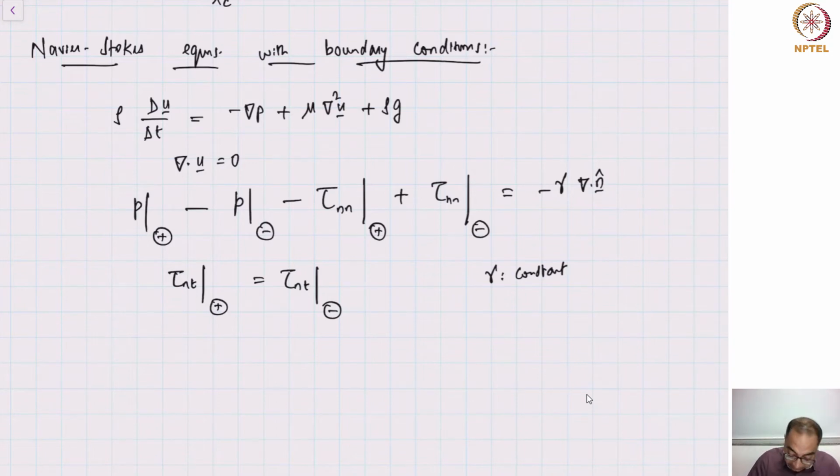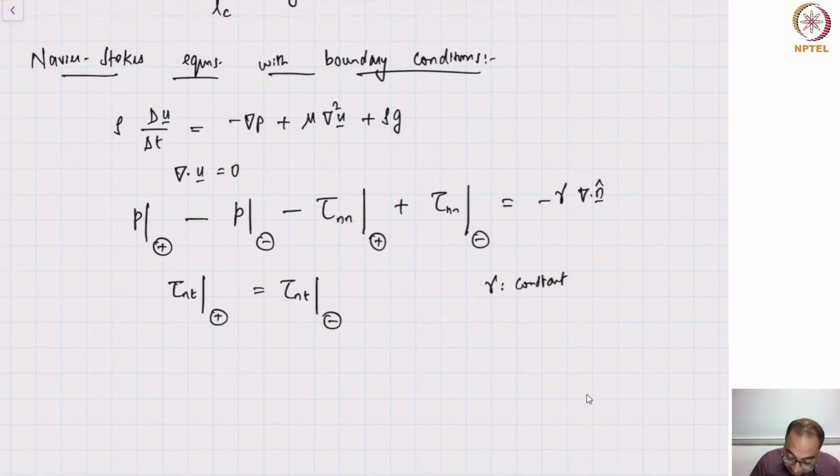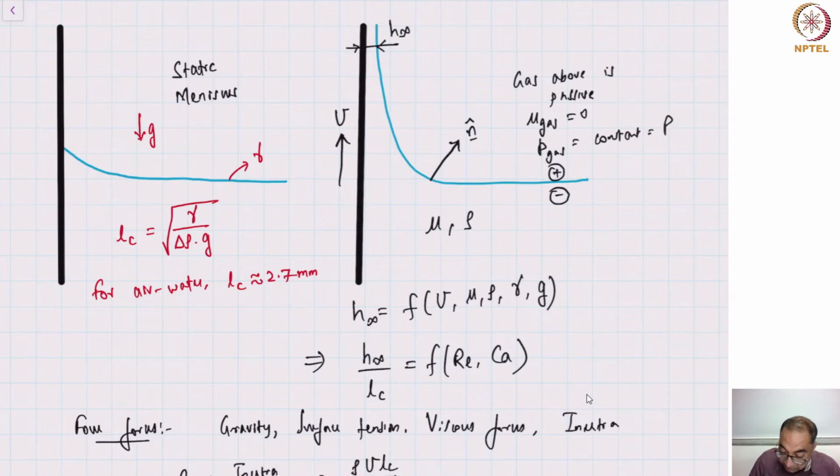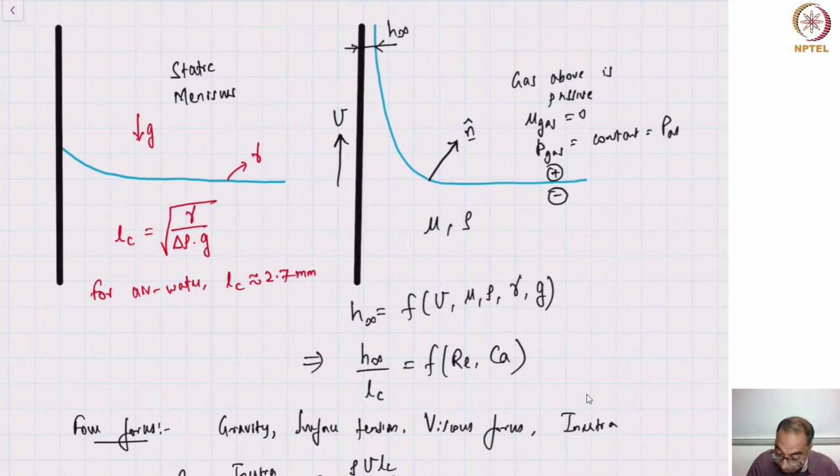Now we can make further simplifications. Now remember, the plus is basically the fluid above, and I already said the gas is passive, meaning its viscosity can be neglected. So mu gas is 0, P gas is constant, and you can just call it some constant atmospheric pressure, right?